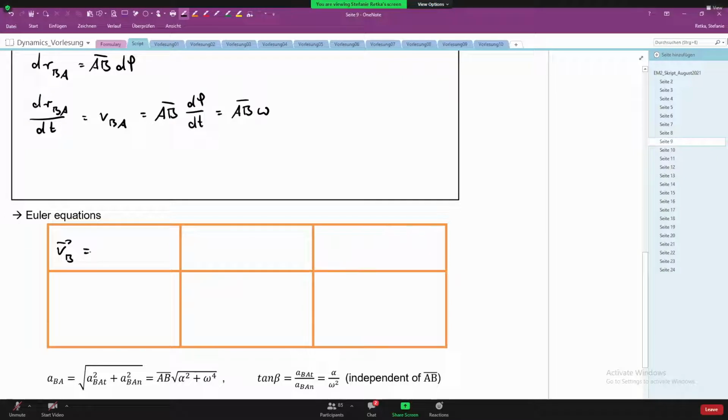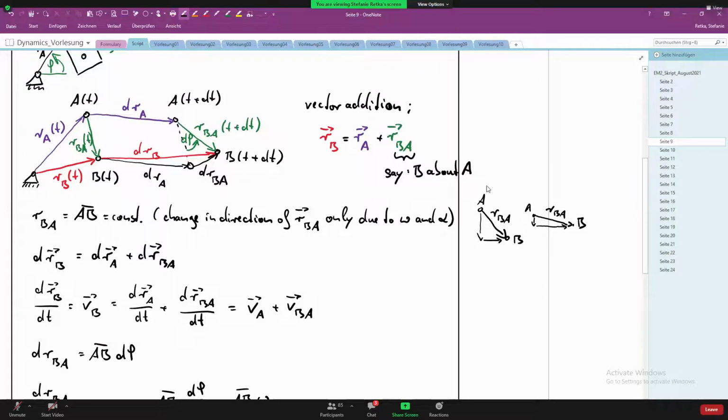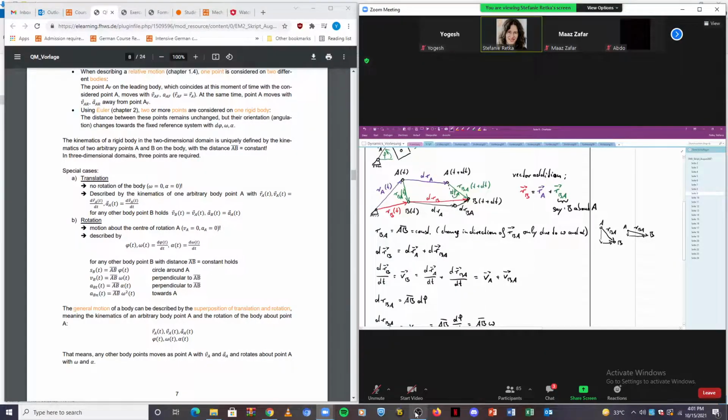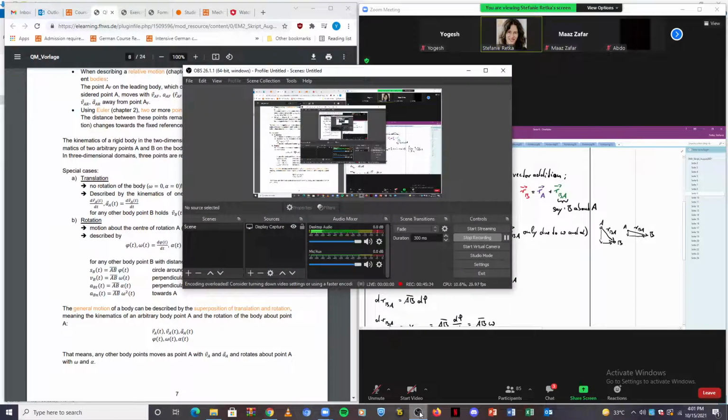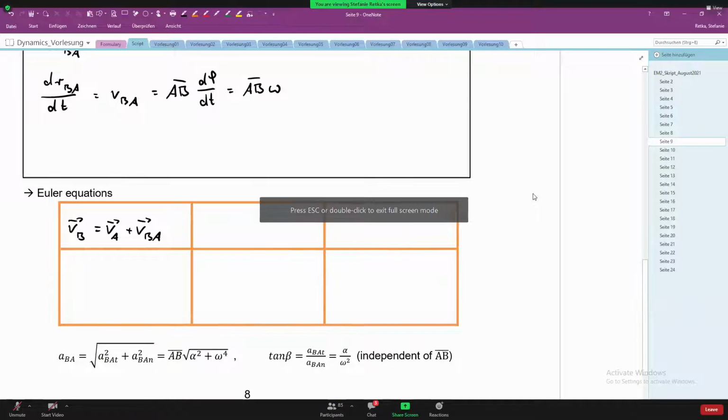And then we say point B moves translationally as point A, and B rotates about A. As drawn in the figure, rA is the distance from our reference point to A, and rB is the distance from our reference point to point B. Then vA is a translational velocity.